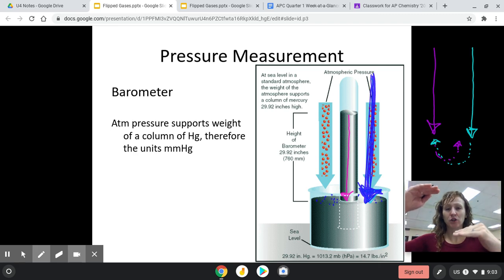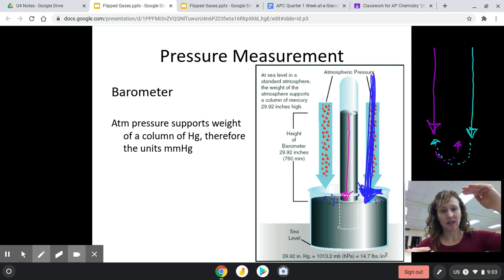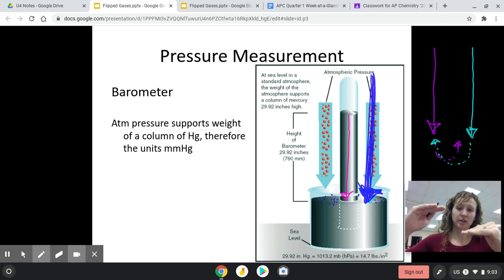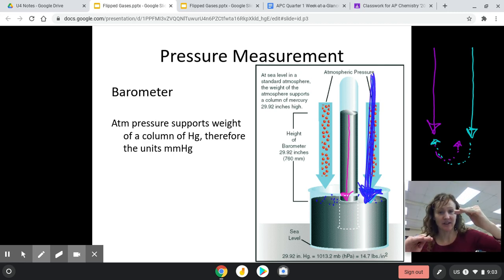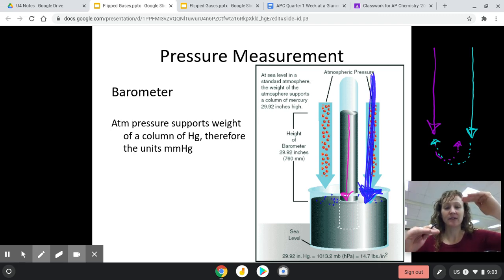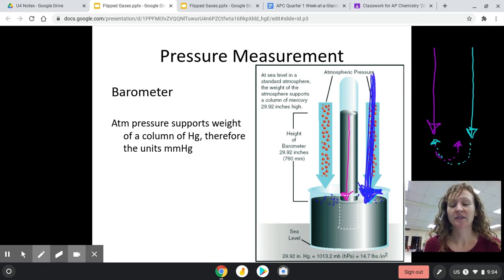So we have this push and pull between atmospheric pressure and the pressure of the mercury in the tube. And that is what causes a barometer's level to go up and down. As it goes up and down, it gives you a measurement of atmospheric pressure compared to the pressure of mercury in the tube. And so this is how a barometer functions to measure atmospheric pressure.